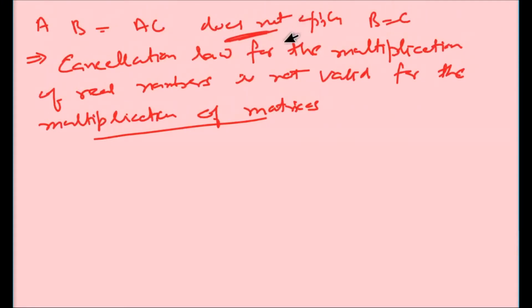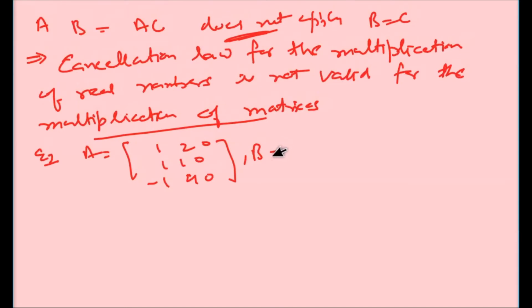Listen here. Now this we can understand by an example. Let A be the matrix 1 2 0, 1 1 0, minus 4, minus 1 4 0.